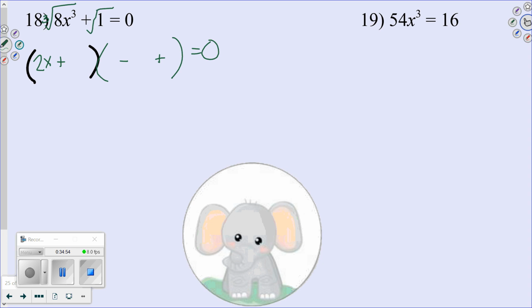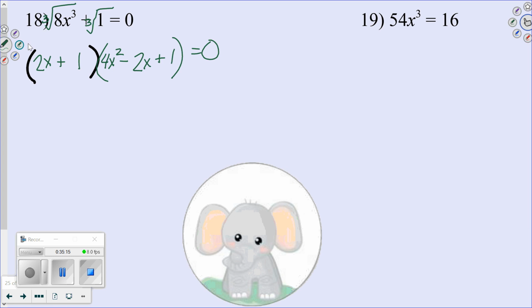Cubed root of 1 is 1. All right, from here it's square, multiply, square. So what is 2x squared? Multiply 2x times 1 and 1 squared. Okay, so there it is factored.